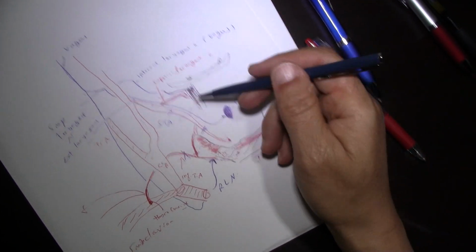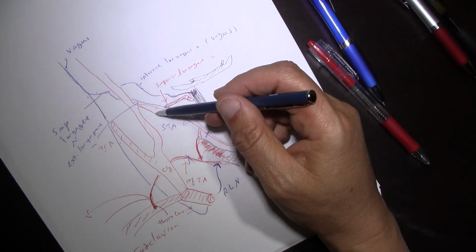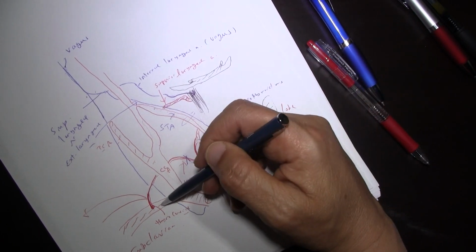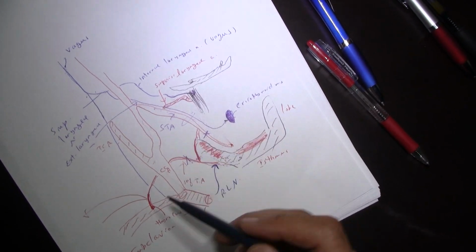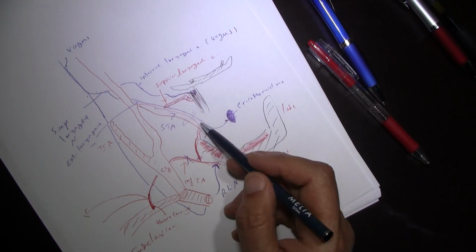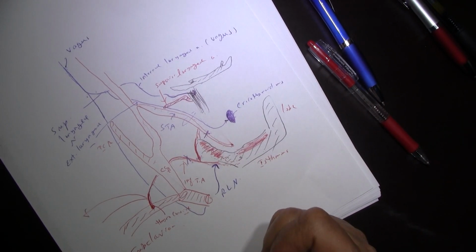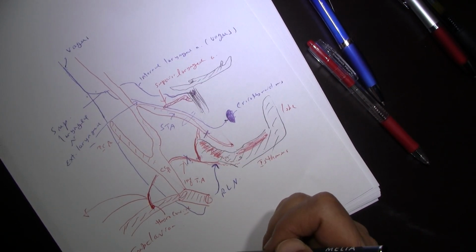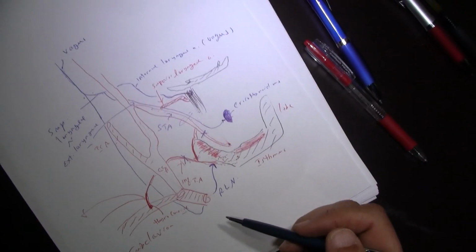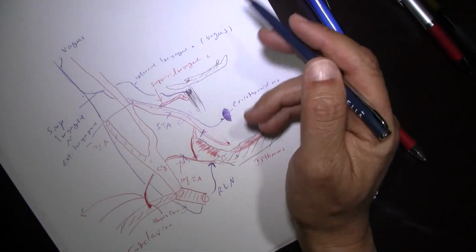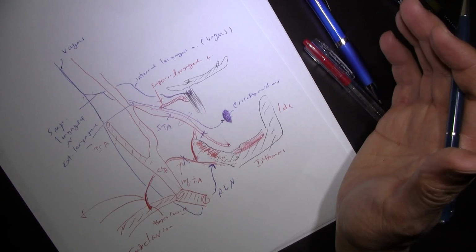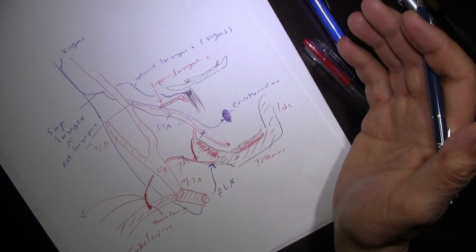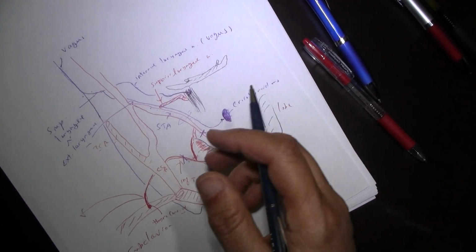If I ask you to talk about collateral circulation between the subclavian system and the carotid system, here is one in the neck, between superior thyroid and inferior thyroid. Of course, the most important one at the base of the brain is the circulus arteriosus, because it is between the carotid system and the subclavian or vertebrobasilar artery, which comes from the subclavian.